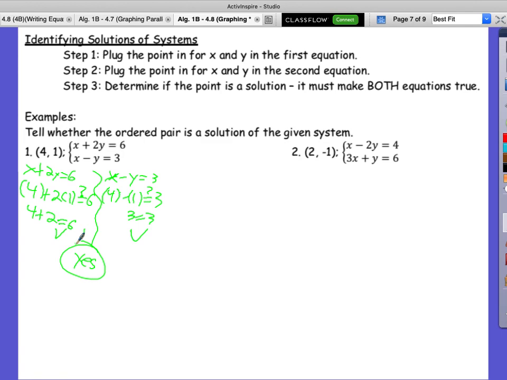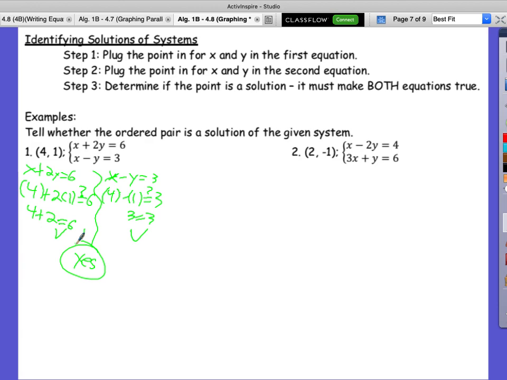These are confusing. Right now we're not solving, we're plugging in the ordered pair, seeing if it works. Just plug these in and then simplify one side. So this first equation, x minus 2y is equal to 4.